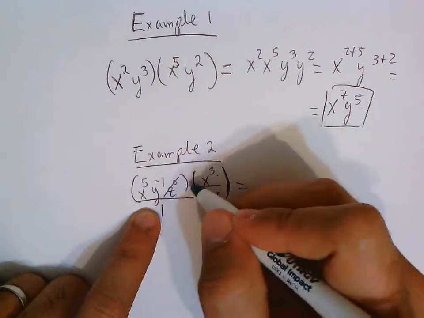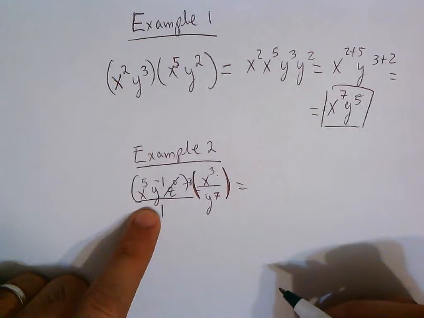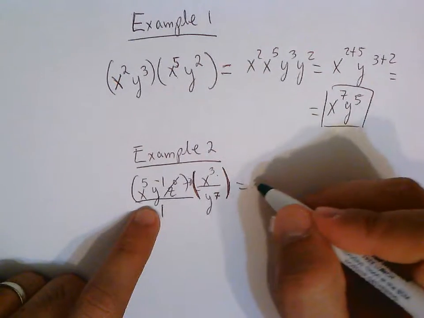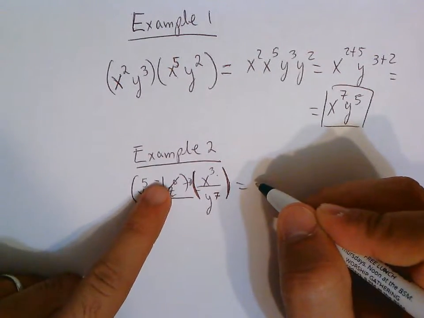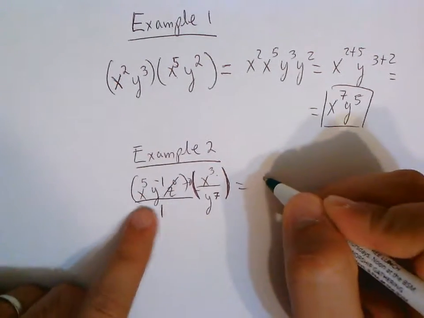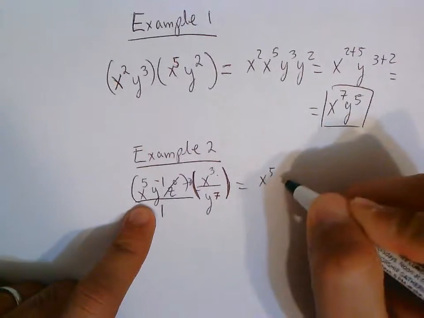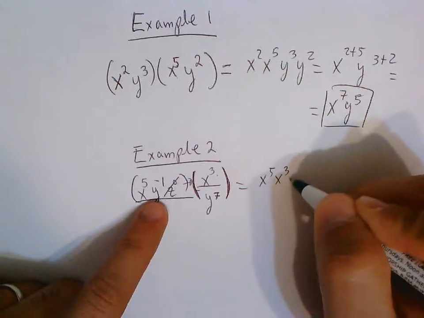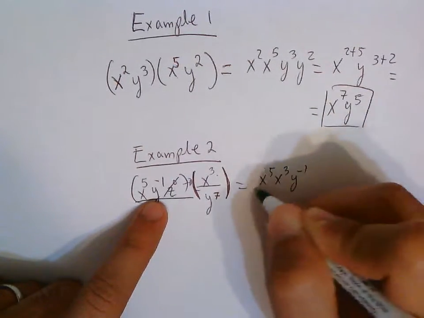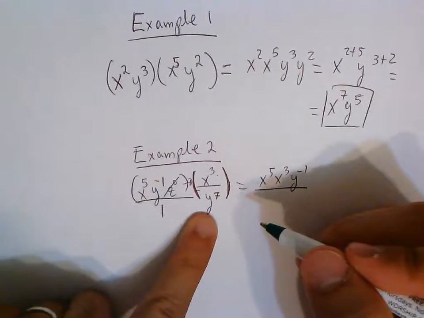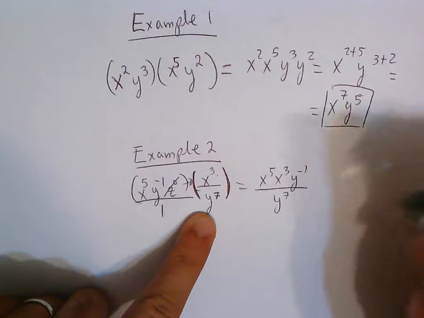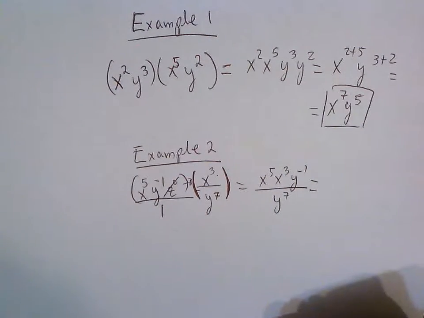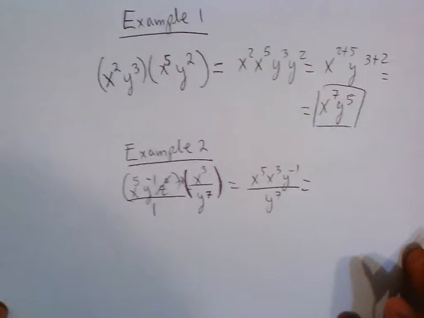That way I know that I'm going to multiply across. So I can rewrite this like this. So x to the power of 5 times y to the power of negative 1 multiplied times x to the power of 3 is just x to the power of 5 times x to the power of 3 times y to the power of negative 1, over 1 times y to the power of 7 is just y to the power of 7. Well, let's see what we can do from here.